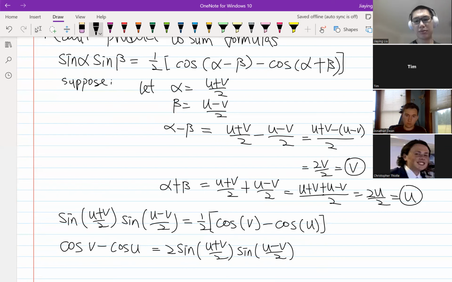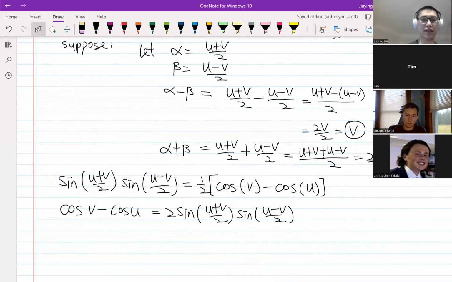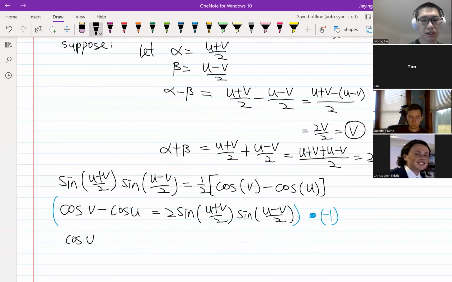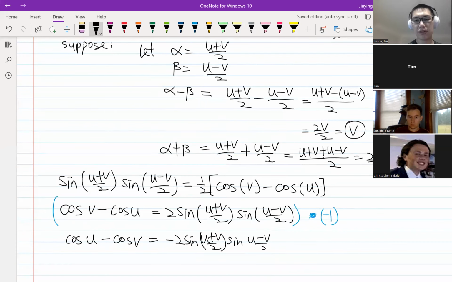Normally we like to put u before v, so we multiply by -1 on both sides. So I have cosine u minus cosine v, which is equal to -2 sine u plus v over 2 times sine u minus v over 2.